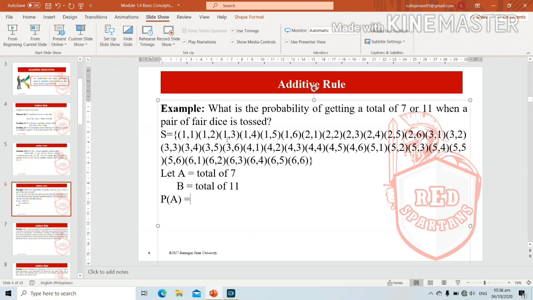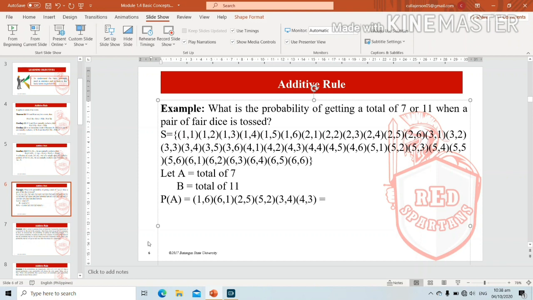Ang lalabas ng 7 is 1,6; 6,1; 2,5; 5,2; 3,4; and 4,3.